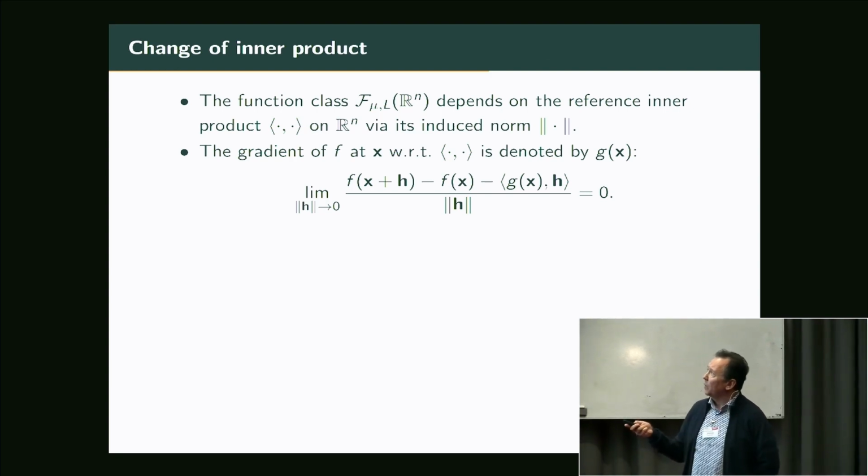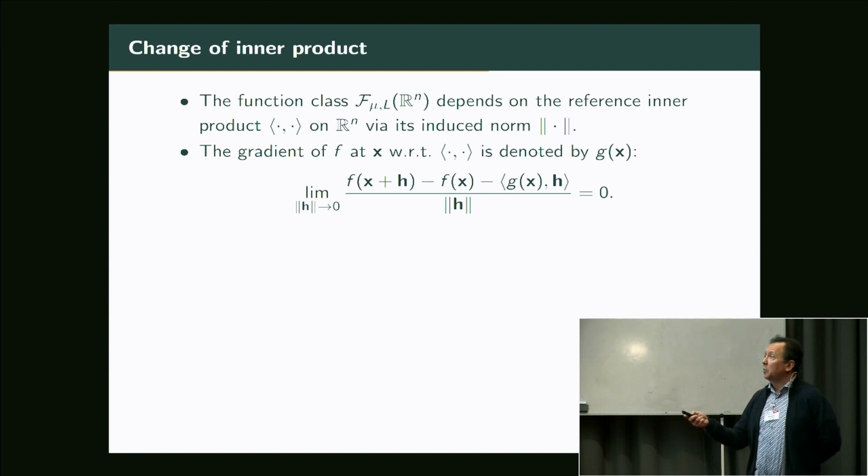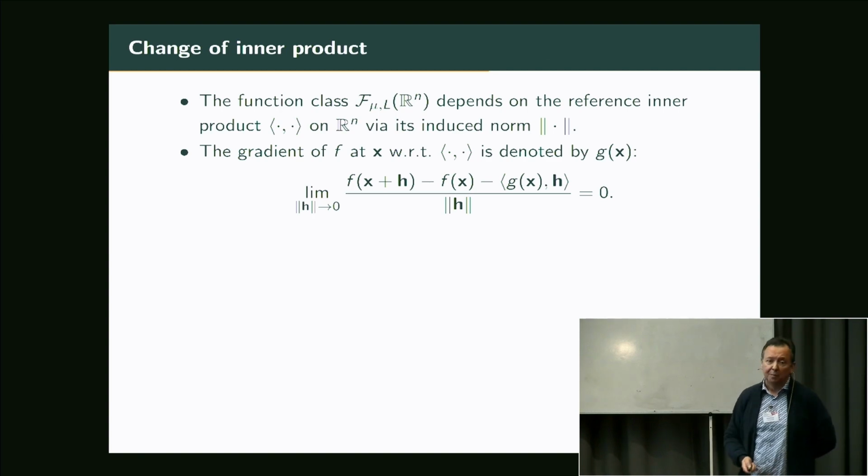So first of all, we have to understand that the gradient of a function depends in some sense on the underlying inner product on the space that we use. So in terms of Fréchet derivatives, the gradient at x is a unique vector g of x that satisfies this limit equation. This is just the standard definition of a Fréchet derivative. But what is unique here about this derivative?